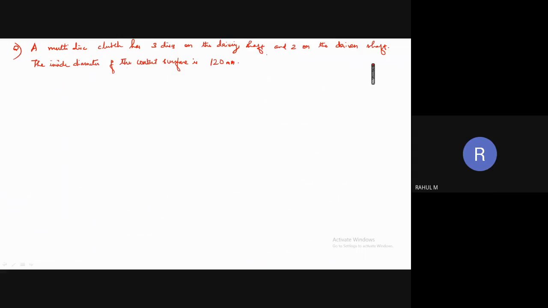The maximum pressure between the surfaces is limited to 0.1 Newton per mm square.